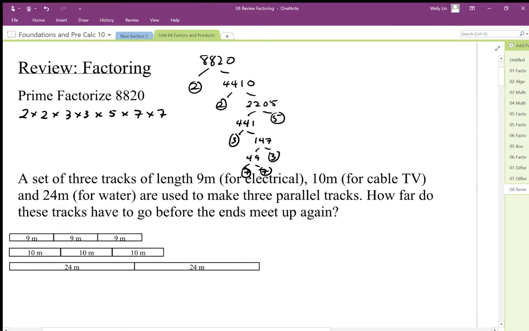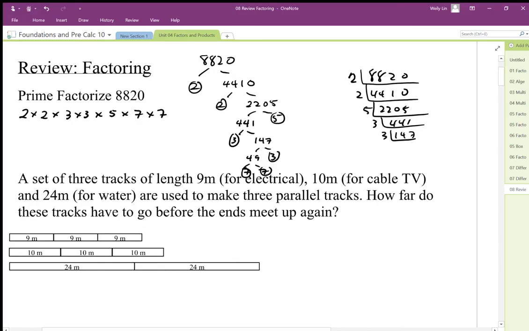We could have done it a few different ways. Some people like to do it in this way. They divide by 2, 4,410, and it's the same thing, except this way we end up with all our factors along the outside. And here I divide by 3, I think, and then 147.